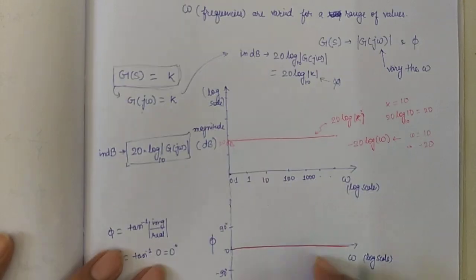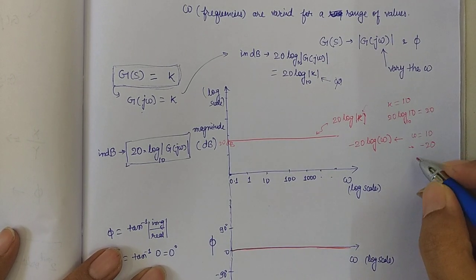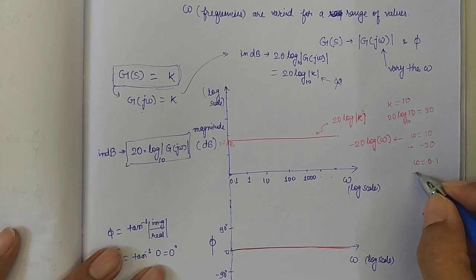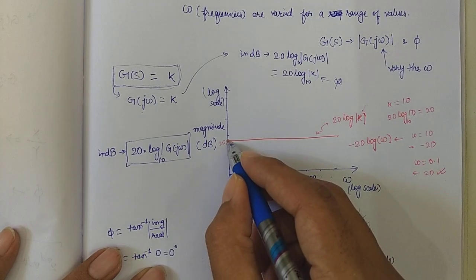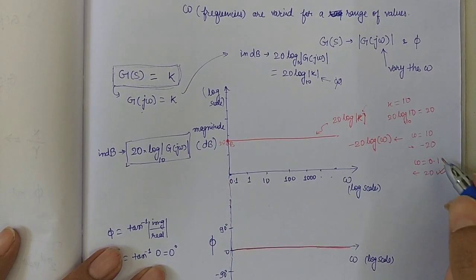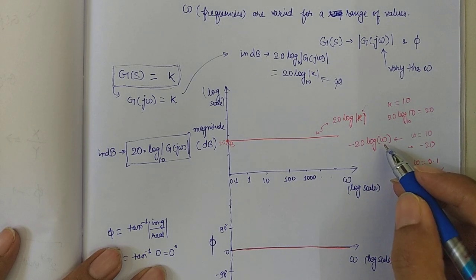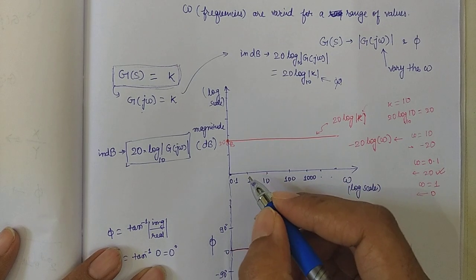Let's start from omega equal to 0.1. At 0.1 we will be getting a magnitude of 20 dB. At omega equal to 1, log 1 will be 0, so your magnitude will be 0.